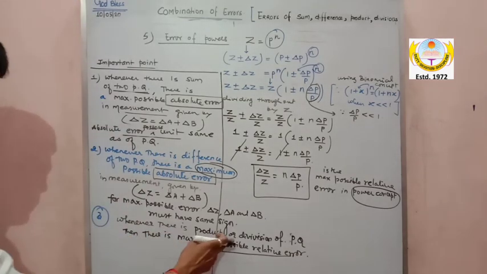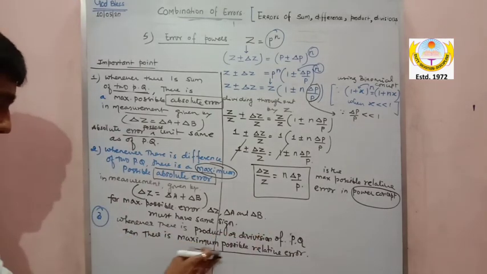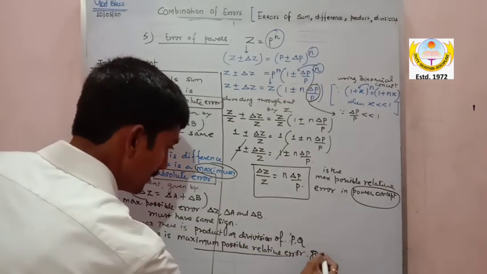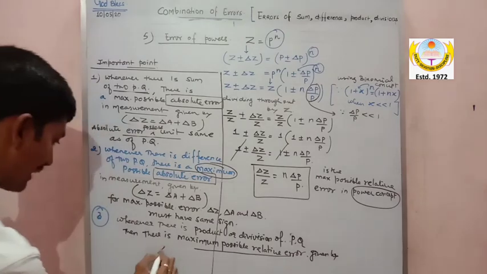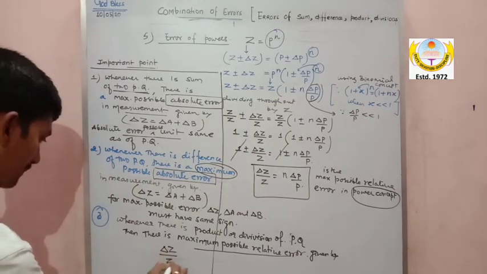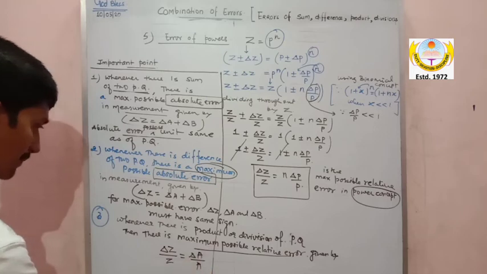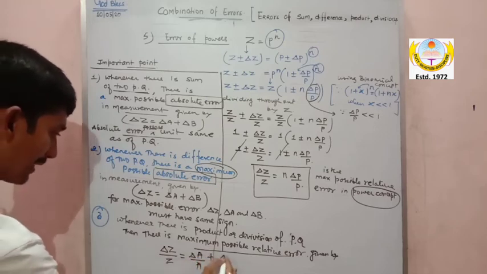So whenever there is a product or division of physical quantities, there is a maximum possible relative error given by delta z by z is equal to delta a by a plus delta b by b.